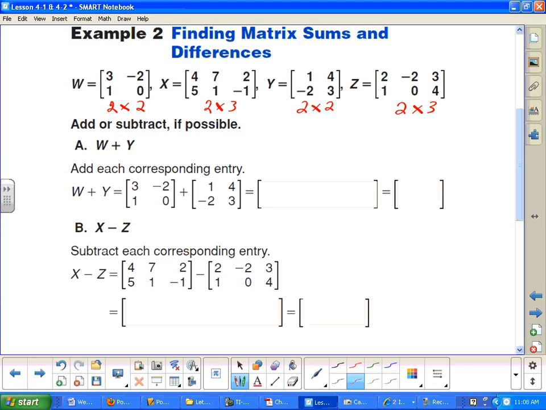So letter A, they want us to add W and Y. That means we're just going to add the corresponding entries in each matrix.